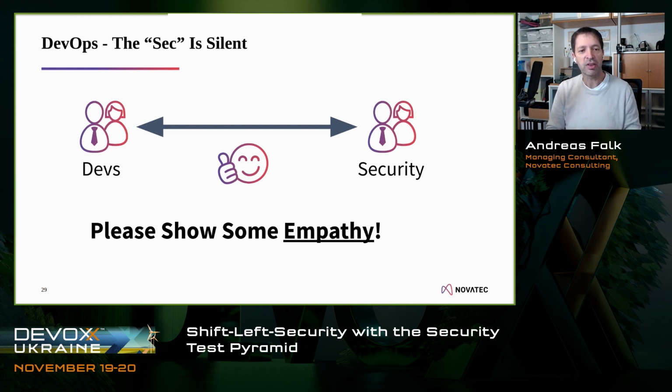And it's really important that you also show empathy in your daily work. So vice versa, security should maybe try to perform some steps as part of a developer, and also developers should try to understand the security people better, so we can work together more closely and bring up more secure software.